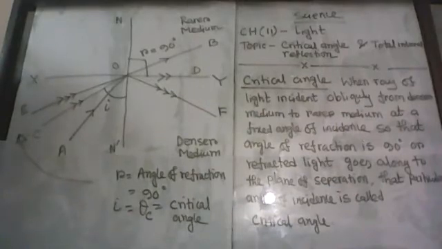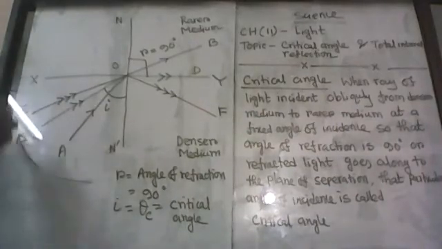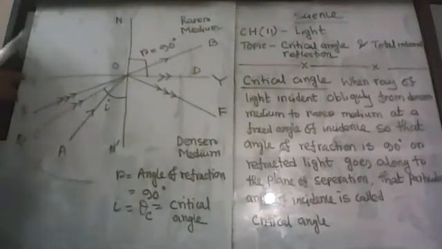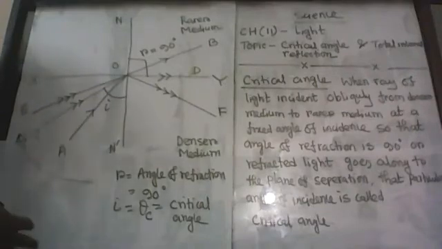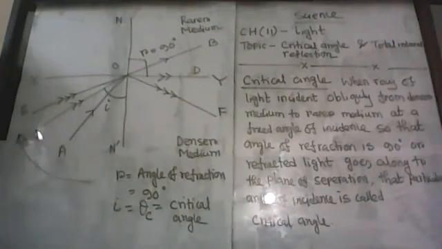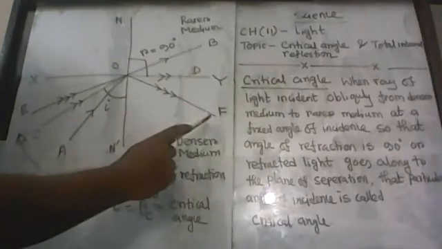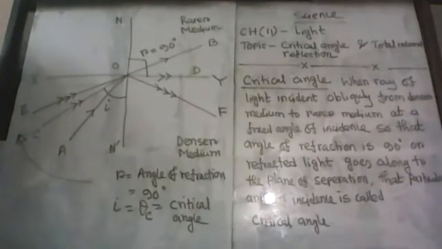Why internal? Because the total ray of light strikes at point O, and after striking at point O returns back to the water medium. When the total ray of light returns back to the water medium, the water medium becomes glossy and looks like a diamond.